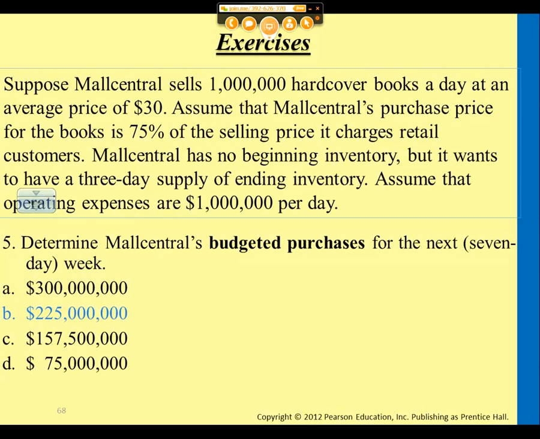So I have 1 million per day, right? You need 3 million times 0.75. Something like that. I have average price $30. I have 1 million books that I'm selling a day, right? If I multiply those two, what do I get?